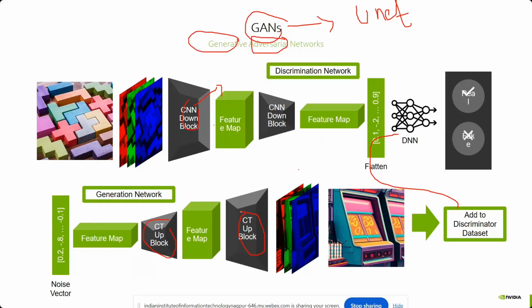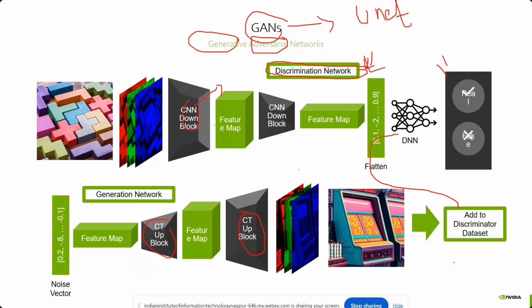The generator will try to fool the discriminator. Since they are opposing each other, at one point the discriminator will not be able to identify whether the image generated by the generator is a real or fake image.